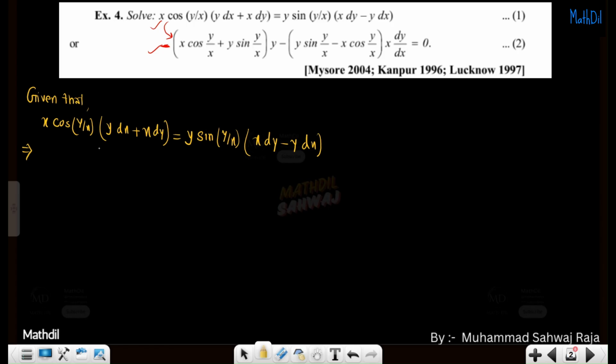If you multiply this term with this term, we get xy cos(y/x) dx.